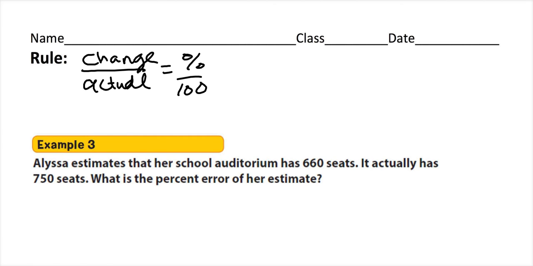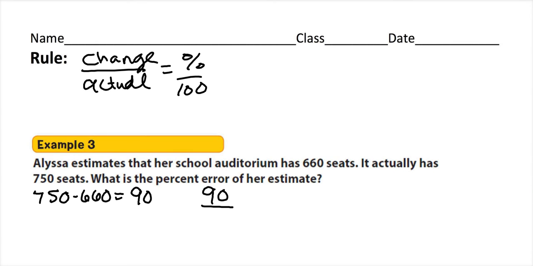So it says Alyssa estimates that her school auditorium has 660 seats. It actually has 750 seats. What is the percent error of her estimate? So first we gotta calculate the change. It's high minus low, so that would be 750 minus 660. That's gonna leave 90, so the change was 90.